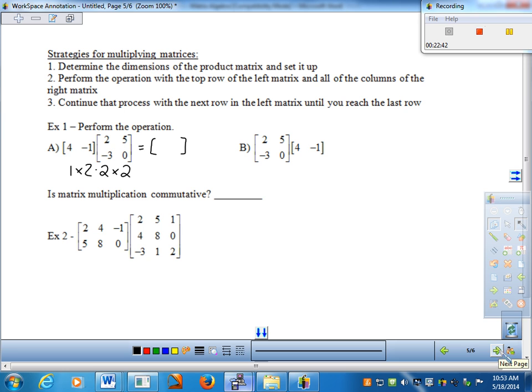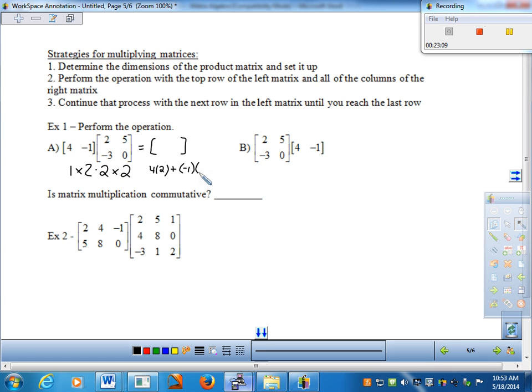So I'm going to match up going across the left matrix, down the right matrix. So 4 matches up with the 2. So 4 times 2. Now remember, again, we want the total essentially for this row and this column. So 4 matches up with 2, and I'm going to add that to the -1 matching up with the -3.